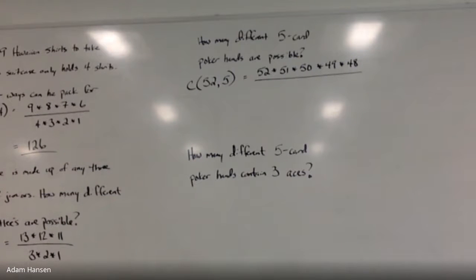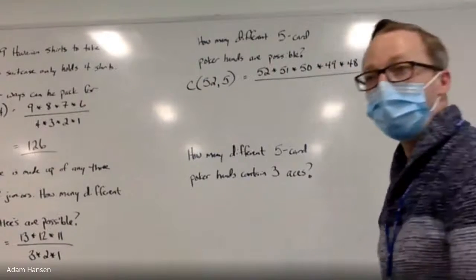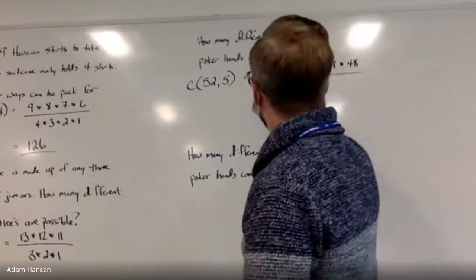But then I have all the different card combinations counted more than one time from the same 5 cards. So what do I have to divide by? 5 factorial: 5, 4, 3, 2, 1. Divide by an extra 5 factorial, like you're seeing here, to get rid of all the different 5-card hands that I'm counting more than once from this permutation up above.